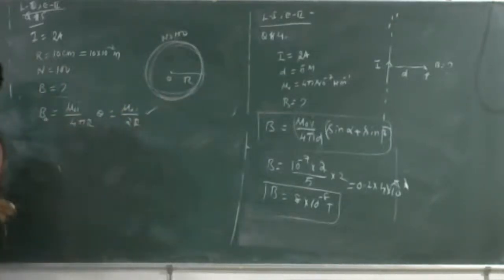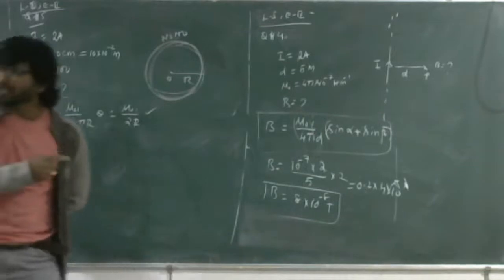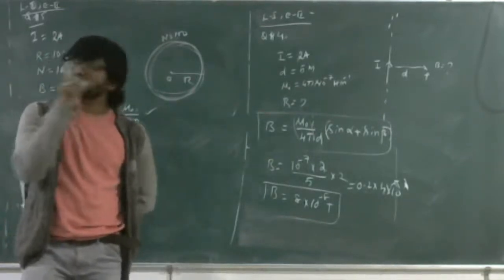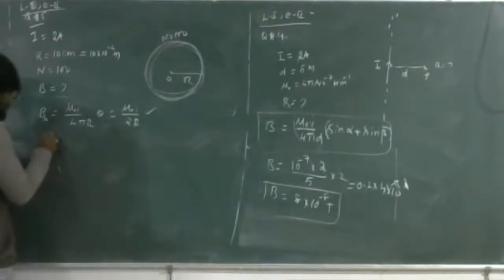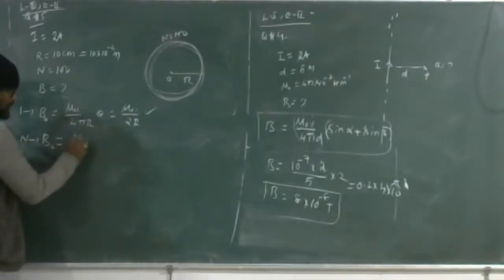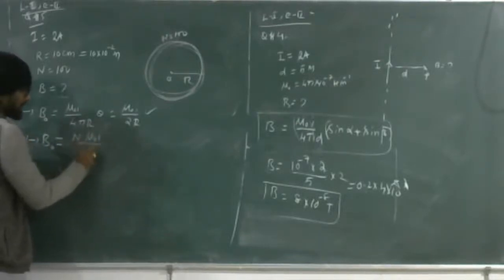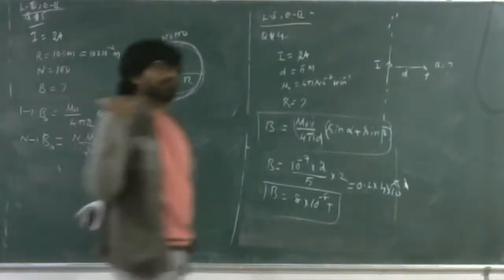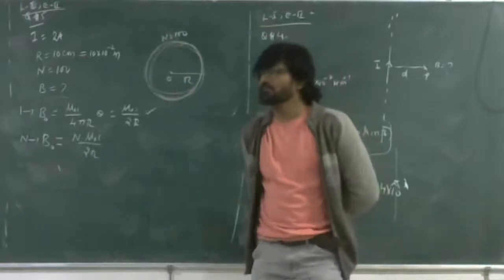This is the magnetic field at the center of a circular coil of 1 turn. For the same point, due to N number of turns, it is N into mu naught I by 2r. That's it. Substitute the values and find out.